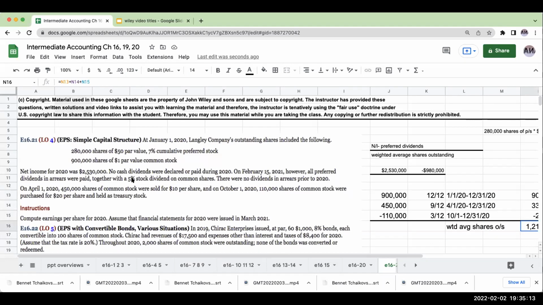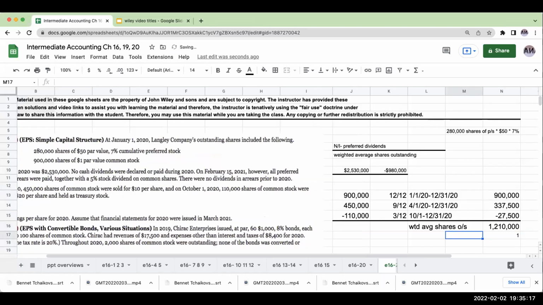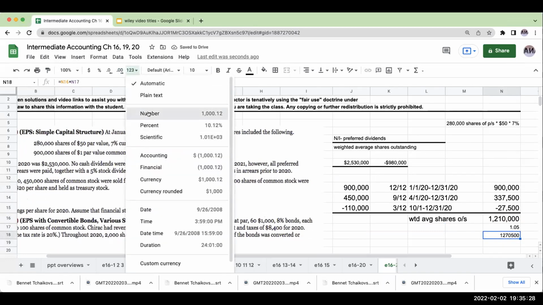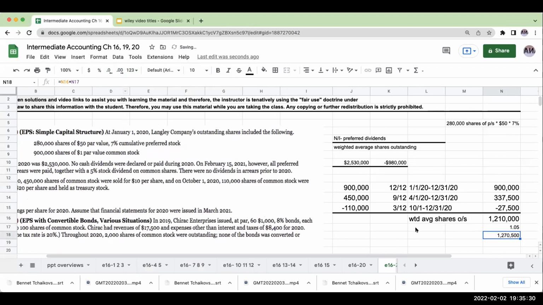So I'm going to multiply this by 1.05, which gives me 1,270,500. So I'm adjusting this for the stock dividend.